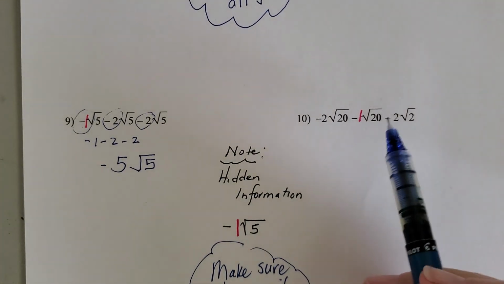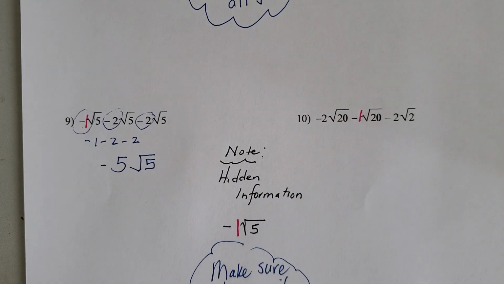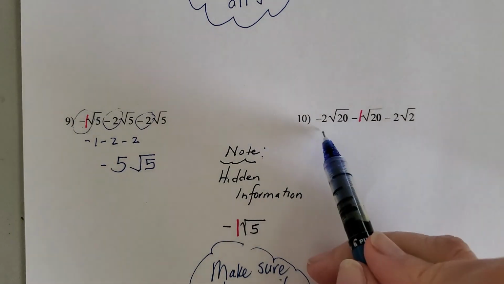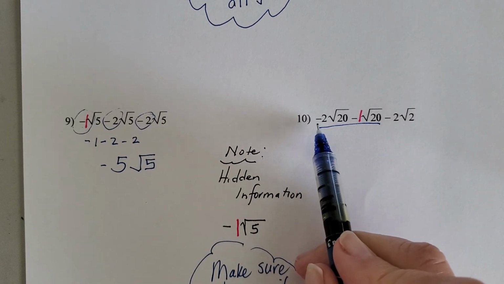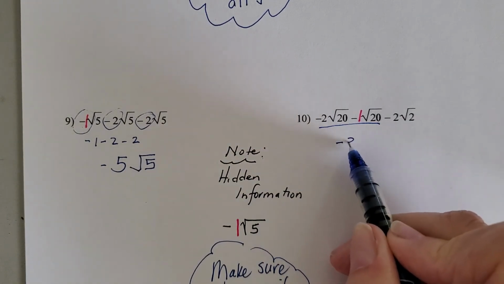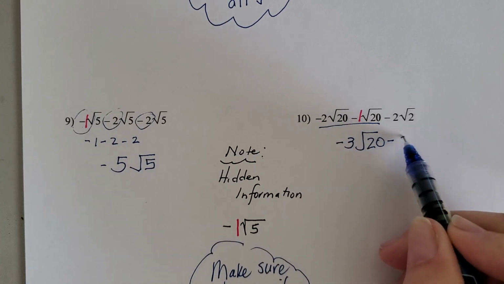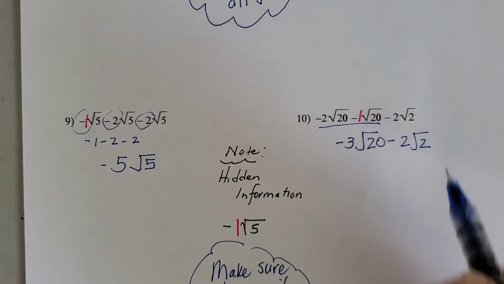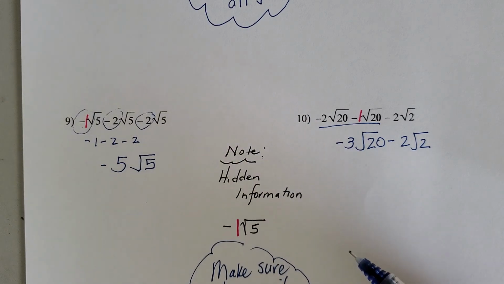All right. Another hidden 1 here in front of the radical 20. When it's a minus, it's technically a -1. Now, these are like terms, so we could combine these right now to get a -2 radical 20 minus 1 radical 20 is -3 radical 20. And then I'll bring this down. And then, as always, we need to make sure we've simplified the radical as much as can be.